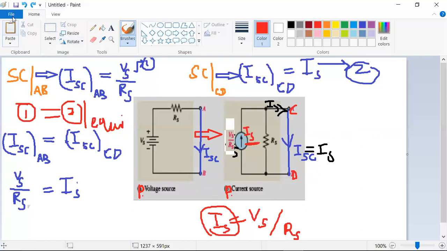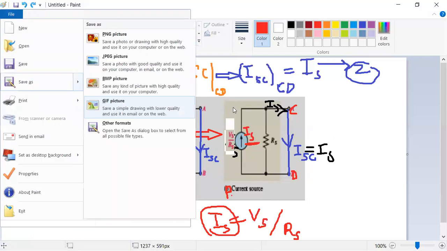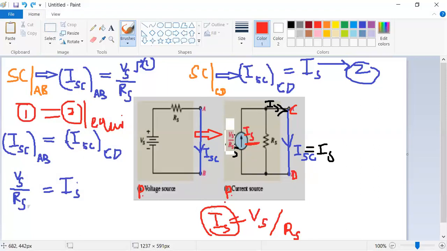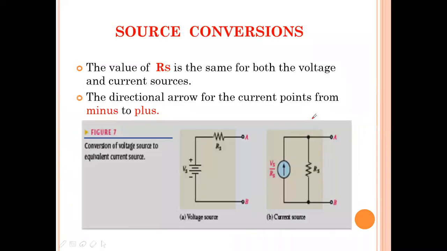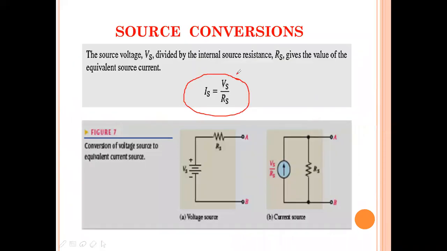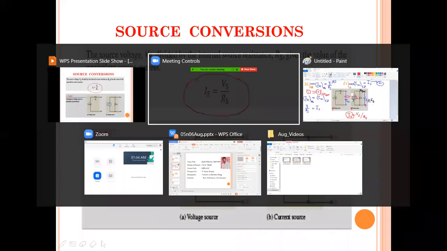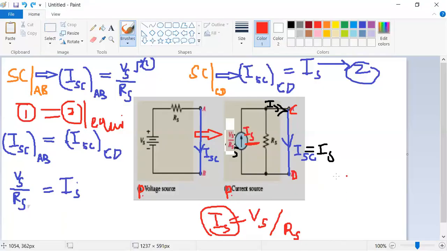Right, let me save this. Let me add this point clearly. Here we did this derivation, we just converted, and in the same way we did this derivation.